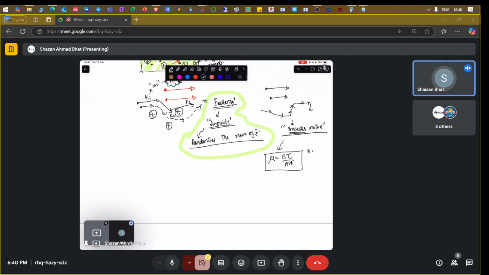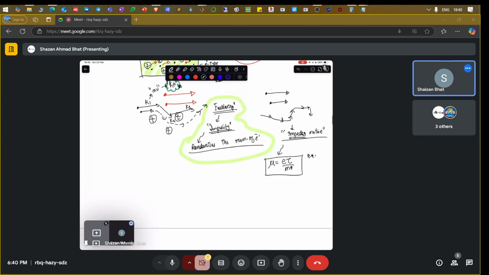This is the relation for the mobility, under certain approximation, obviously. So if your momentum relaxation time is affected, your mobility is going to get affected. Similarly, if your effective mass increases, the mobility will reduce. That sounds logical. But what is this momentum relaxation time? This is something called the momentum relaxation time.